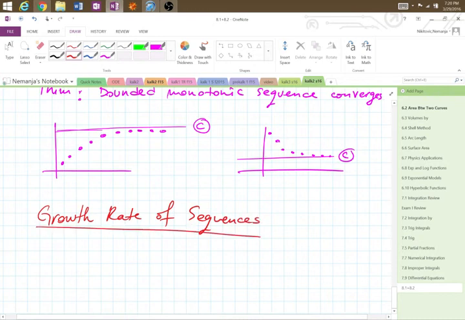Now, this is very important because as soon as you see different functions mixed into your limits, you can invoke this theorem and quickly claim convergent, divergent, or whatever. So I'm just going to write that we are looking at the limit as n goes to infinity of sequence an divided by the sequence bn.